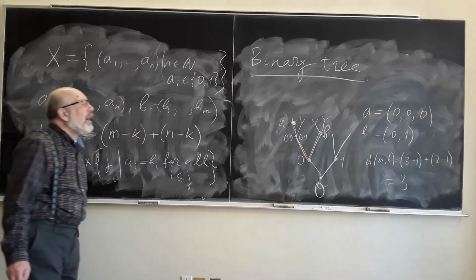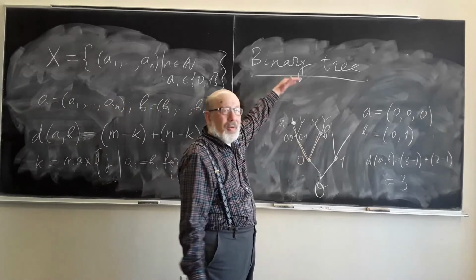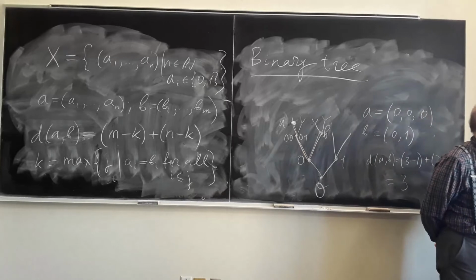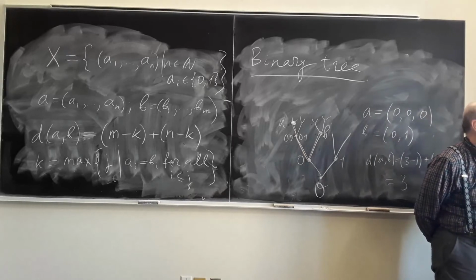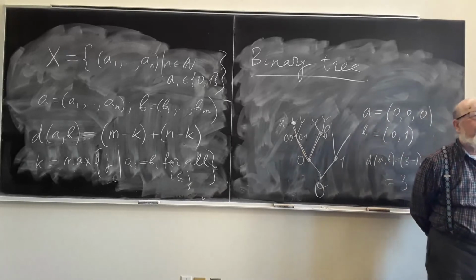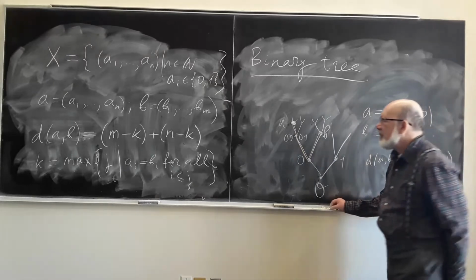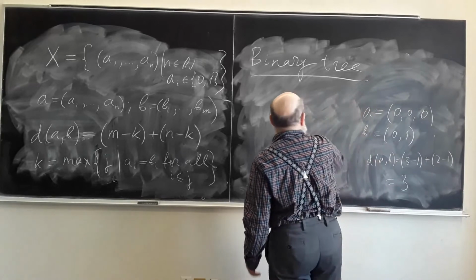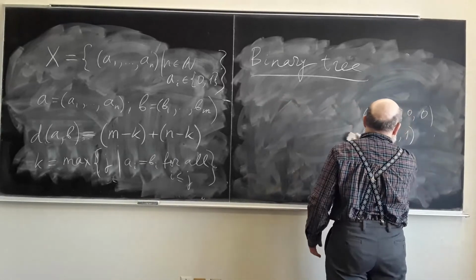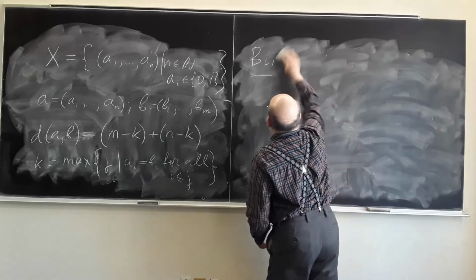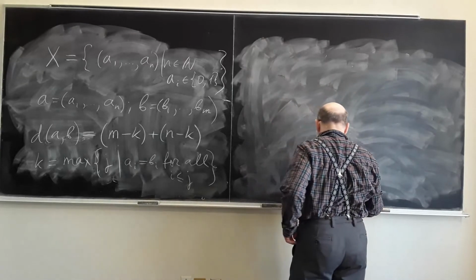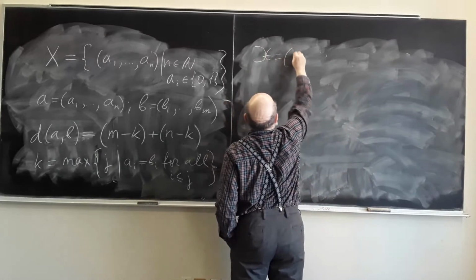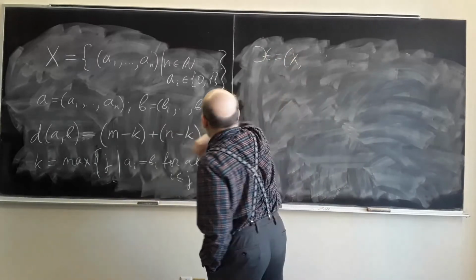And now this is an infinite graph, an infinite space. So I wonder what is the asymptotic space of this space. So we have x and d.